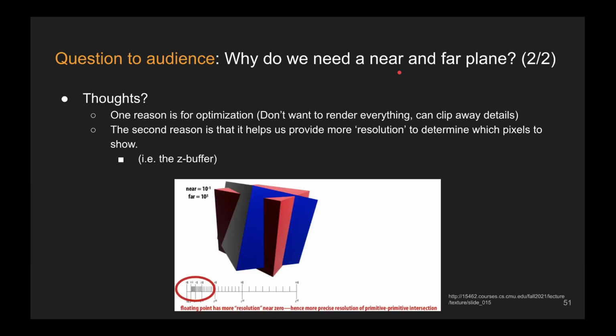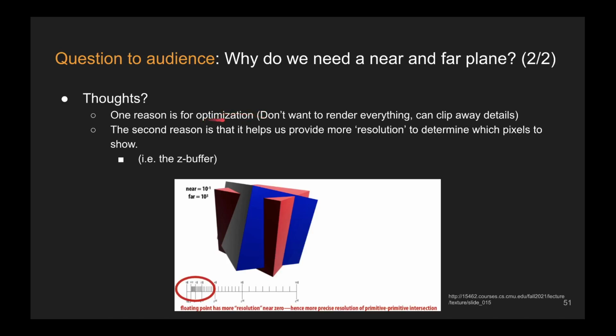The one and most common reason is for optimization. So if we set the far plane really far away, that means all objects that are potentially visible, if they're 1 million meters or 1 million units away, or 1 billion or whatever, then we would try to render them, right?